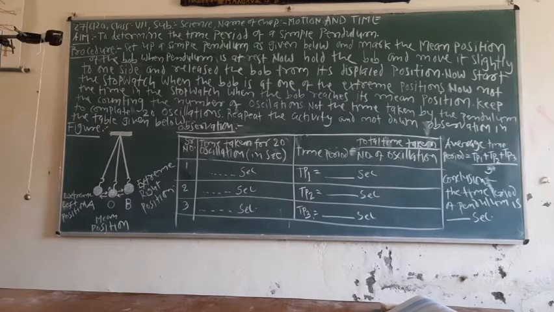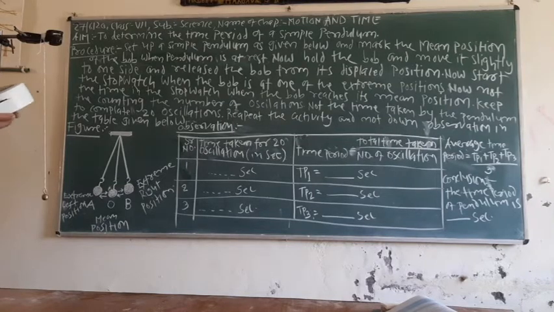Finally, 2 to 3 observations are taken in this way, and we calculate the average time period, that is time period 1 plus time period 2 plus time period 3 plus time period 4 etc., divided by the total number of observations. So now we calculate the time period of this pendulum.